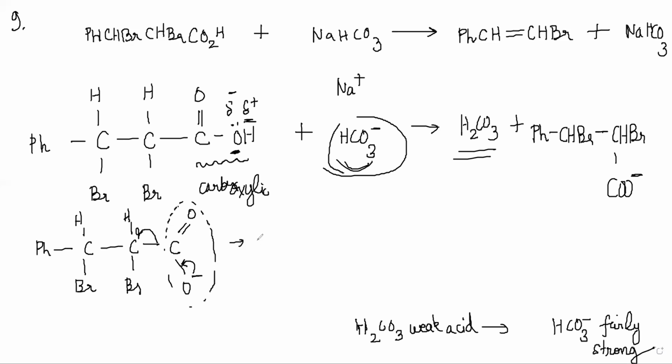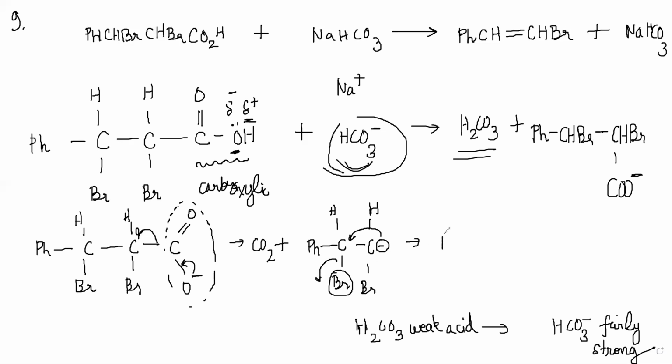Momentarily CO2 is released, and momentarily there is a carbon with a negative charge here, right? So obviously that is not cool. So this will form a double bond here, and this Br can be released. This bond can break and come out, right?